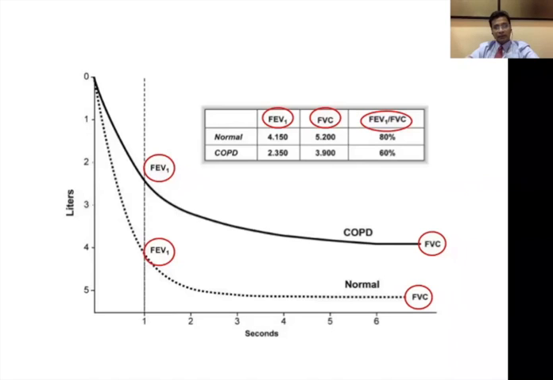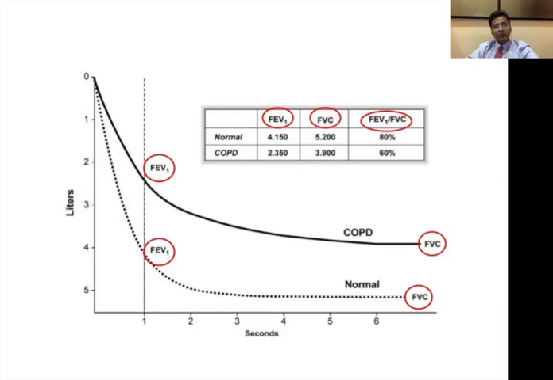So what is the difference from asthma? In asthma, this FEV1 will improve after a bronchodilator, and that shows that there is a reversibility. Whereas here in COPD, the reversibility is lost.